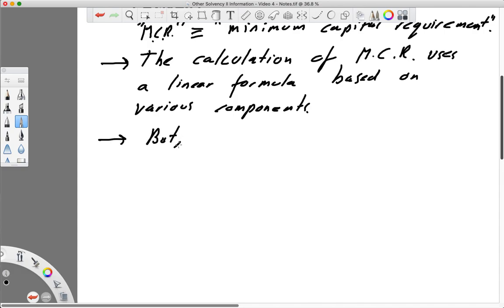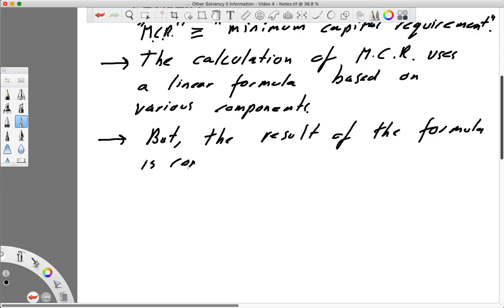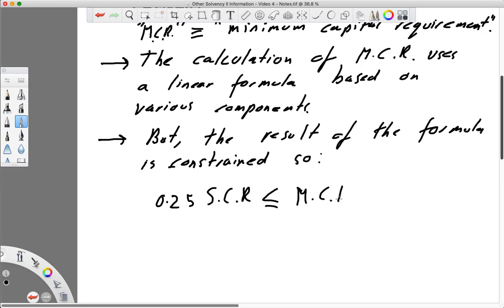But the result of the formula is constrained, so 0.25 times the SCR is less than or equal to the MCR, which is less than or equal to 0.45 times the SCR.